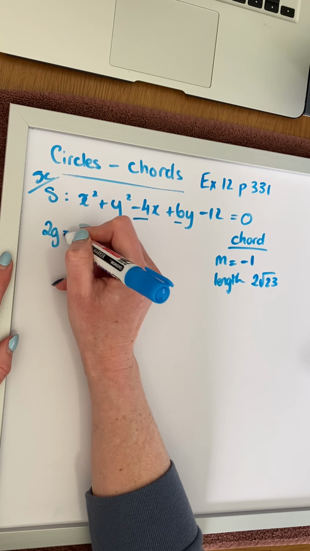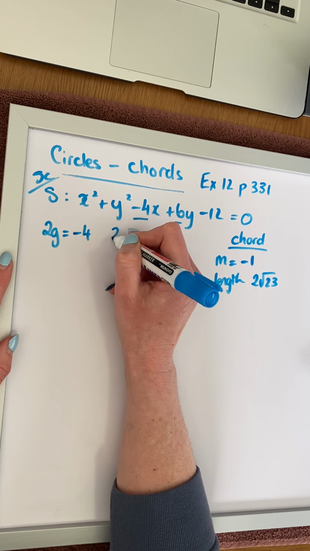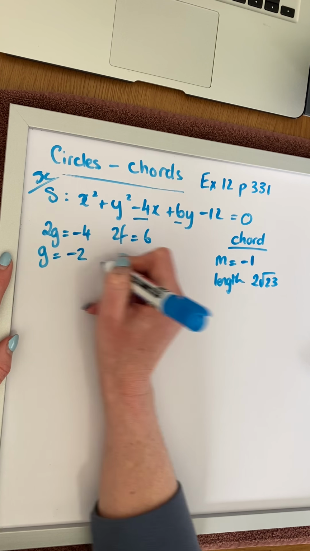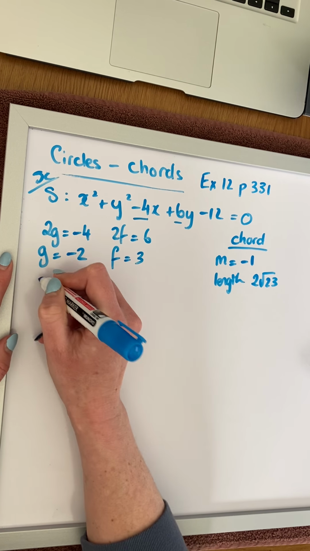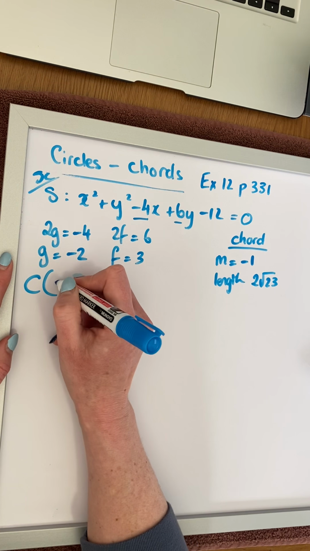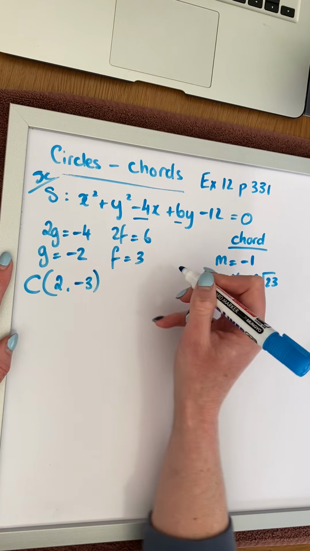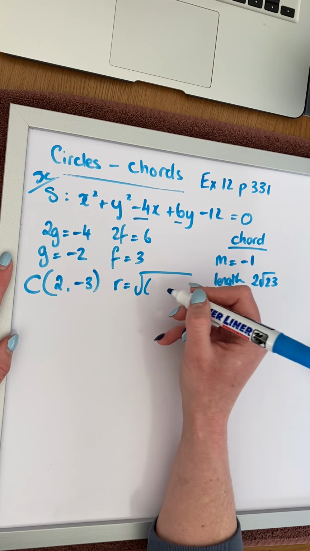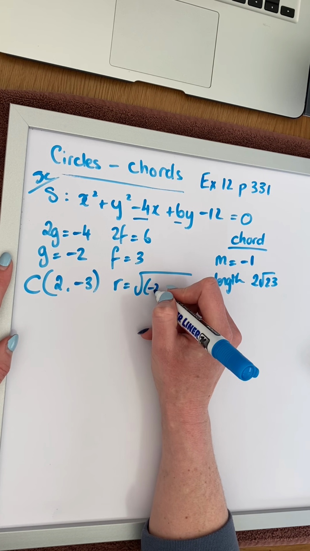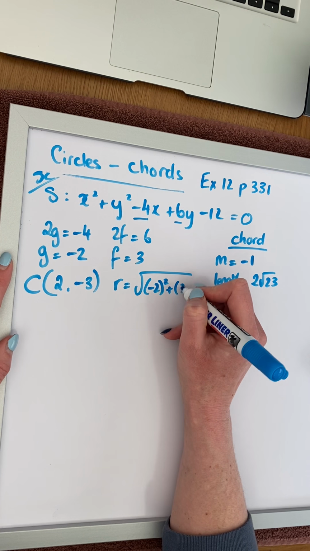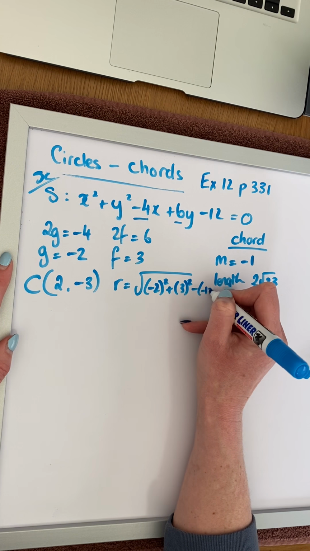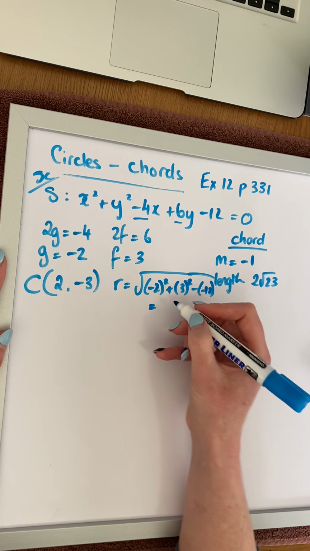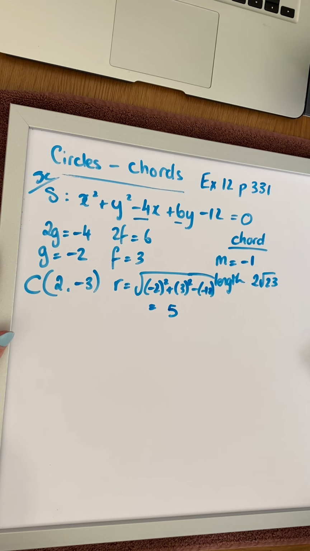We know that 2g is equal to -4, 2f is equal to 6, therefore g is -2, f is 3, and the center of my circle, minus g, minus f, is (2, -3). The radius is the square root of g squared plus f squared minus c. So that's the square root of (-2) squared plus 3 squared minus (-12), which gives us a radius of 5.